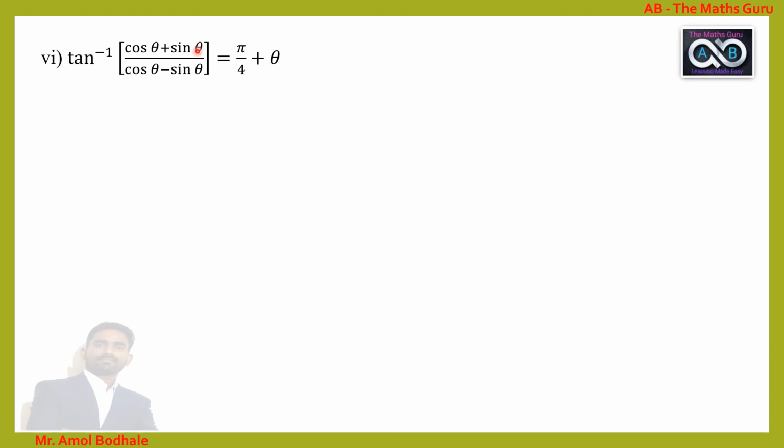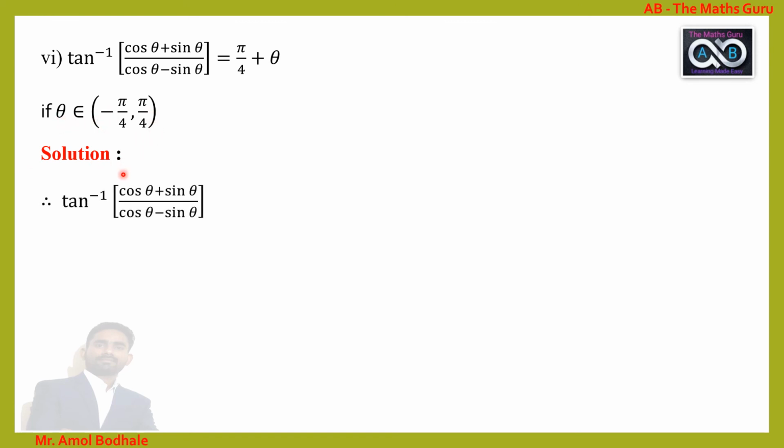Let's see the next example. Here we have to prove tan inverse of cos theta plus sin theta upon cos theta minus sin theta equals pi by 4 plus theta. Let's consider the LHS. Here the condition is theta belongs to minus pi by 4 comma pi by 4. Consider the LHS, that is tan inverse of cos theta plus sin theta upon cos theta minus sin theta.